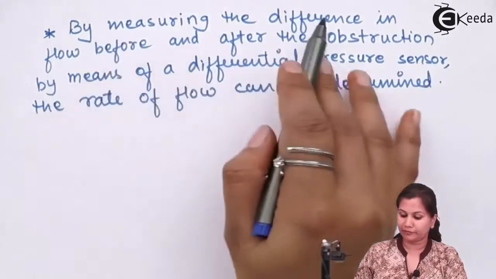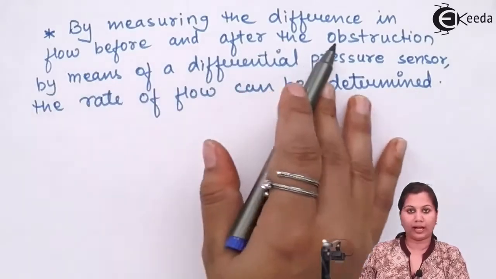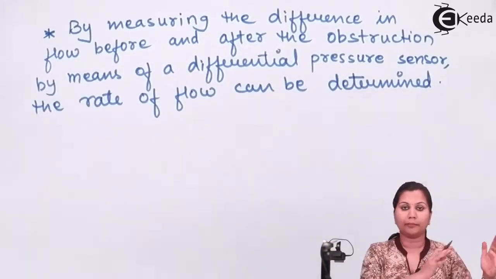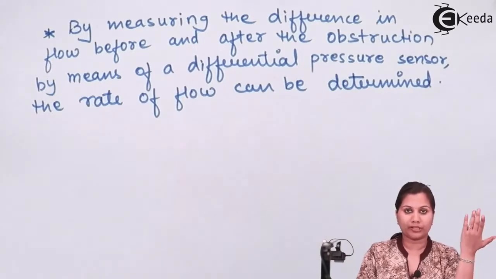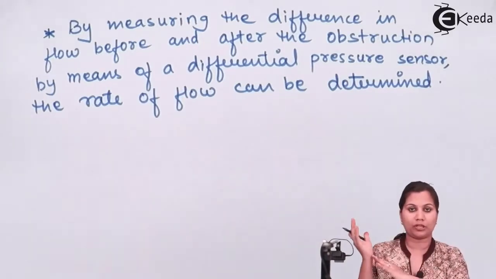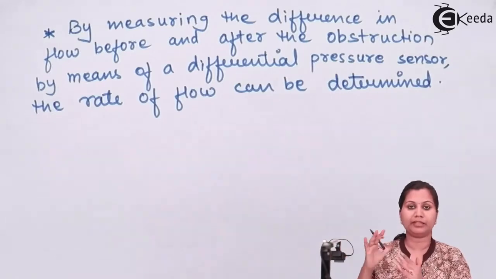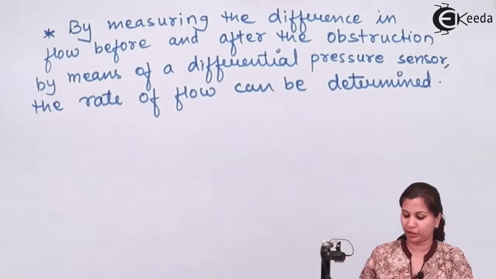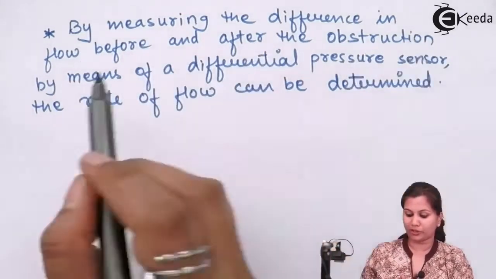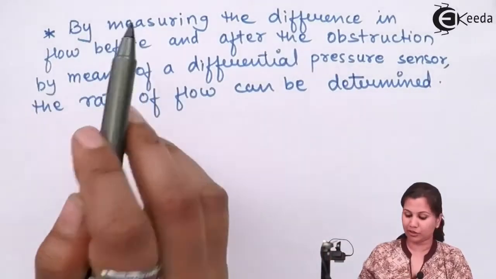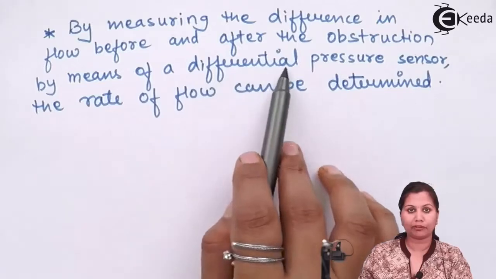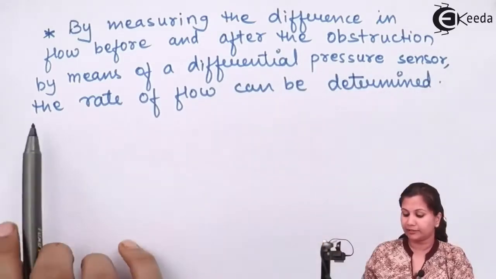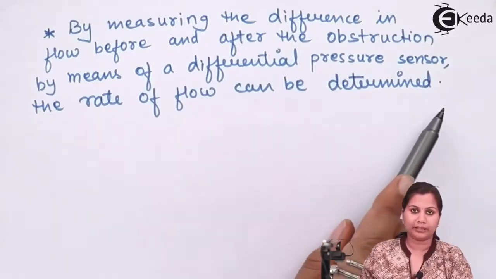Before the obstruction is placed, the pressure and the fluid flow are different, and after the obstruction the pressure will be different and the fluid rate will be different. So before and after the obstruction, there will be a change in the pressure. By measuring this pressure difference with the help of a differential pressure sensor, the rate of the flow can be determined.